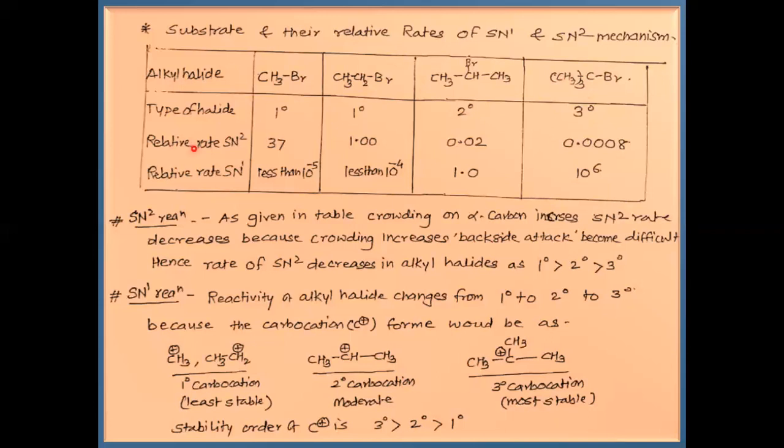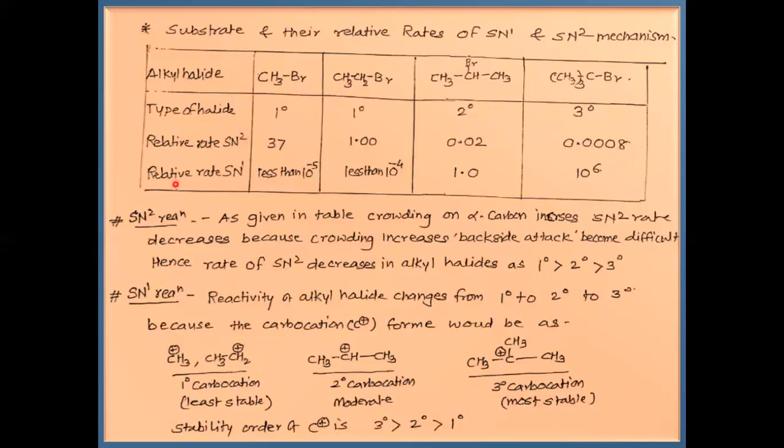Now here see the relative rates. For this primary alkyl halide, the relative rate of SN2 reaction is 37. For this it is 1. For the secondary alkyl halide, the relative rate of SN2 reaction is 0.02, and here it is very less, 0.0008.